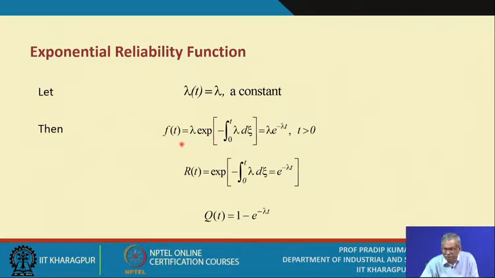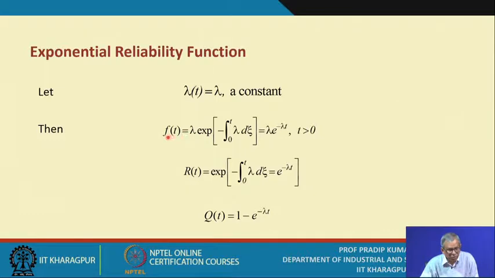So what is the probability density function? f(t) is equal to lambda e to the power minus integral from 0 to t of lambda d xi. So this is lambda e to the power minus lambda t, is it okay.